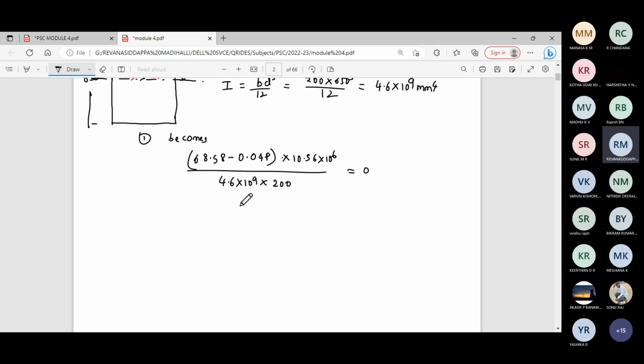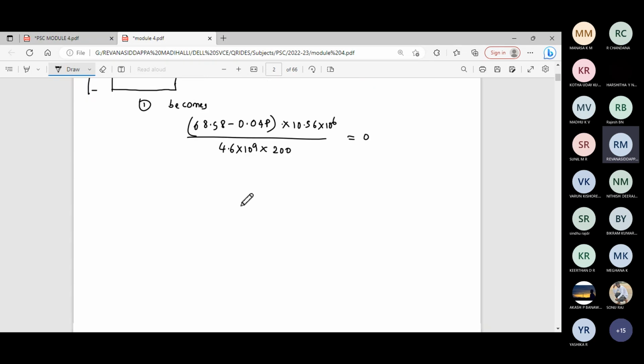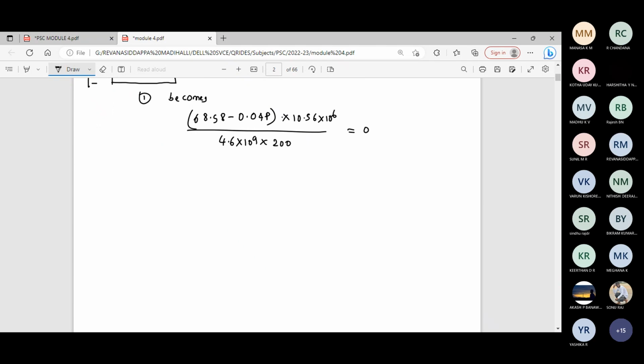Here P is the only unknown parameter, correct? We can solve for P. If we solve for P, the value that you get is P equal to 1714.5 kilonewton. 1714.5 kilonewton is the answer.